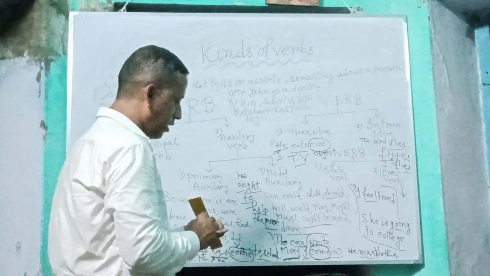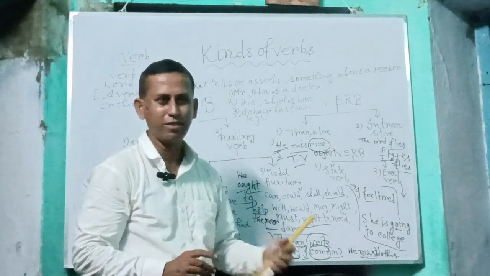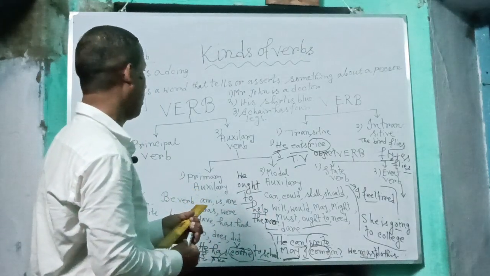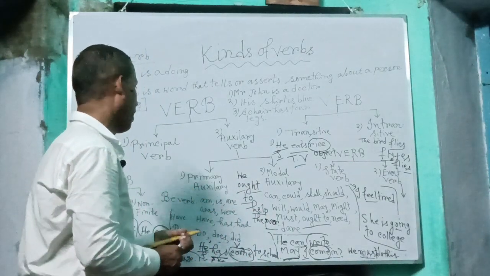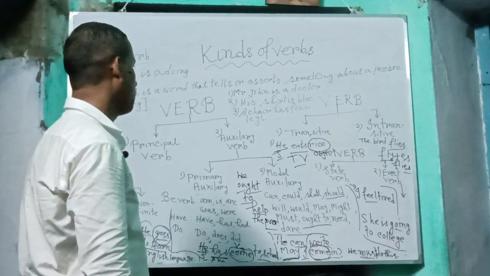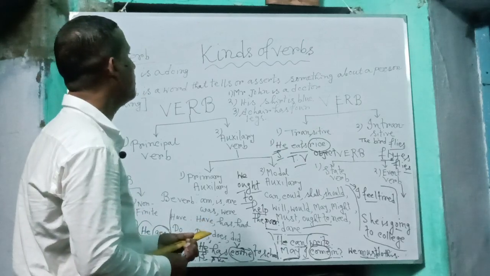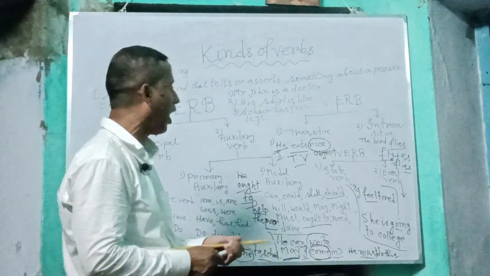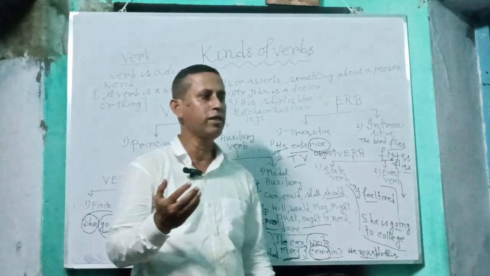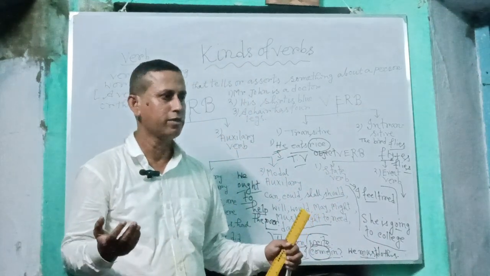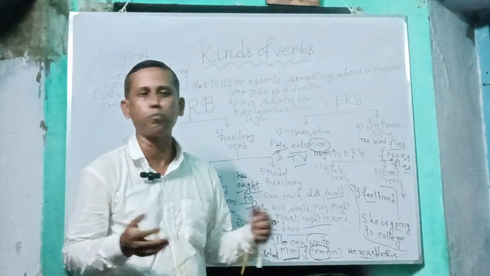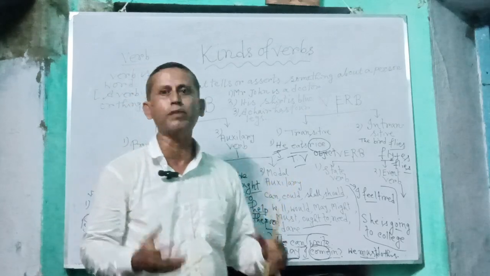In today's English teaching, the teacher should teach dynamic or event verbs and state verbs. State verb and event verb are very, very important. You may ask me a question. A state verb has no running, no moving, like parts of the body.